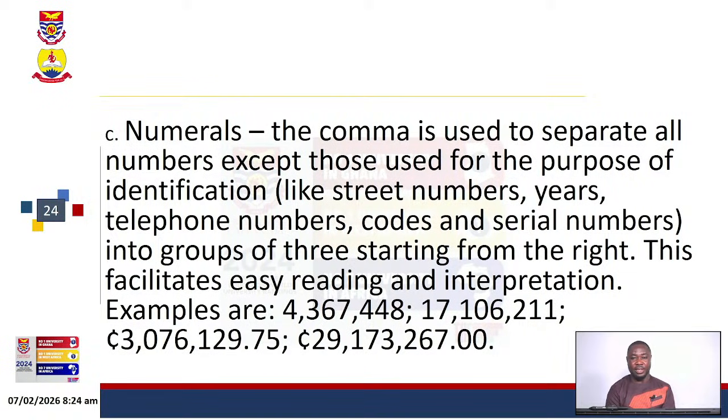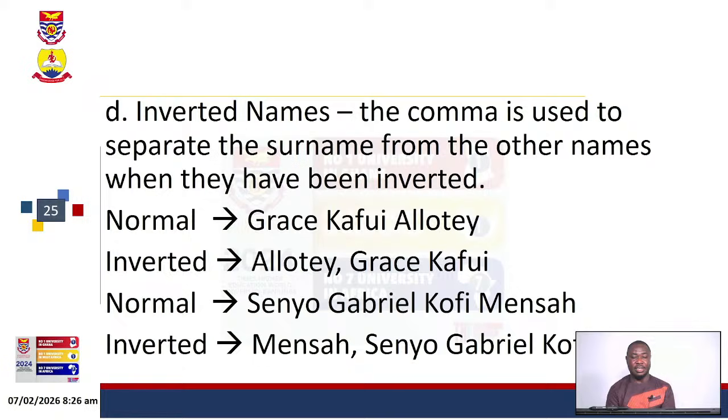What we are doing here is separating the various units. Okay, we have millions, we have thousands, we have hundreds, and sometimes we even have tenths. We use the comma to separate them when we are writing them to make reading accessible and easier.